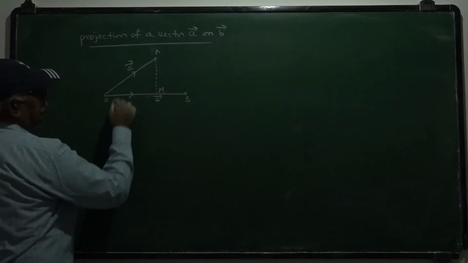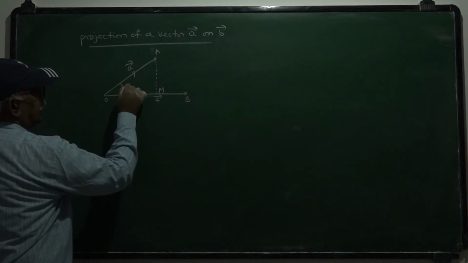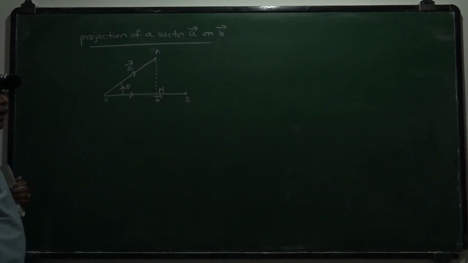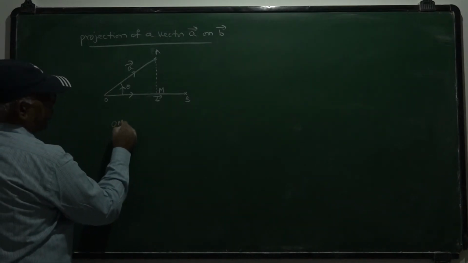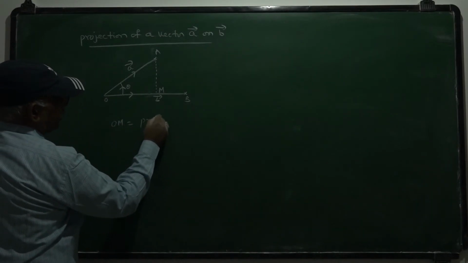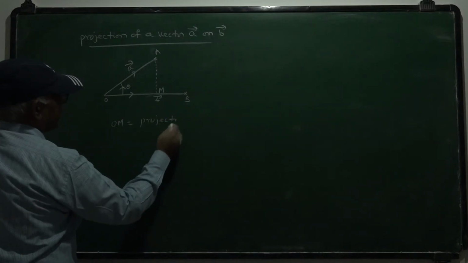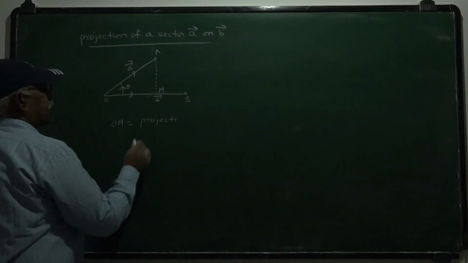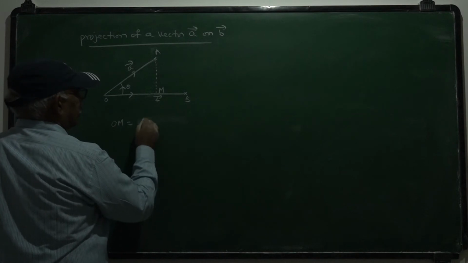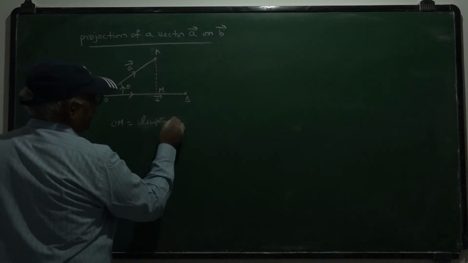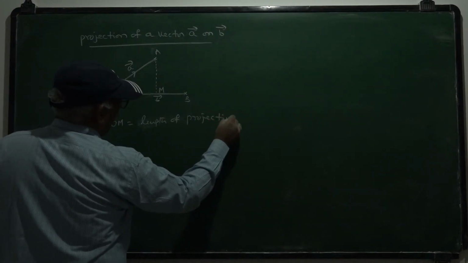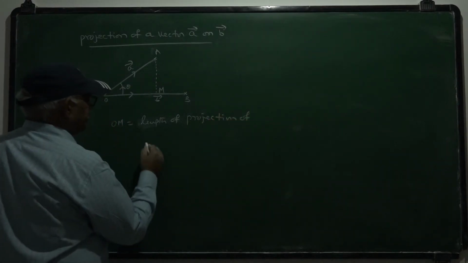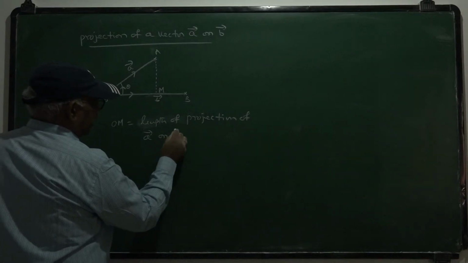Once the angle here is theta, OM is known as the length of the projection, or scalar component, of A bar on B bar.